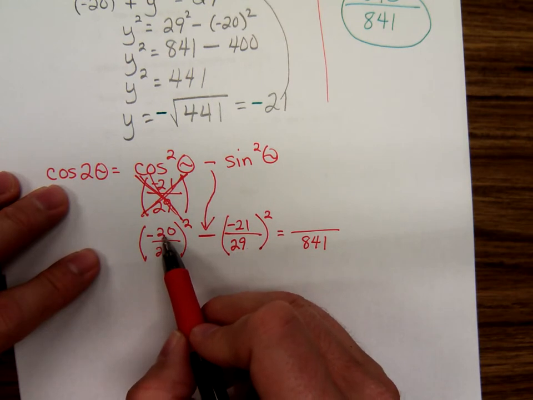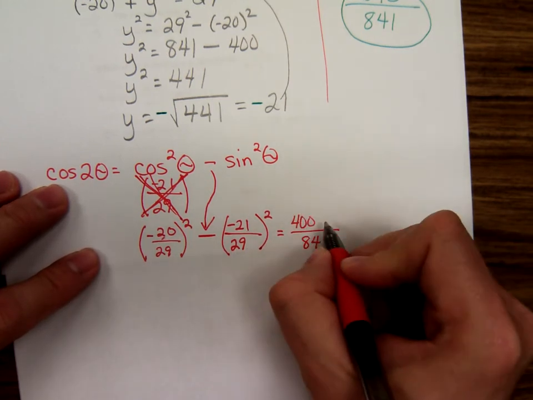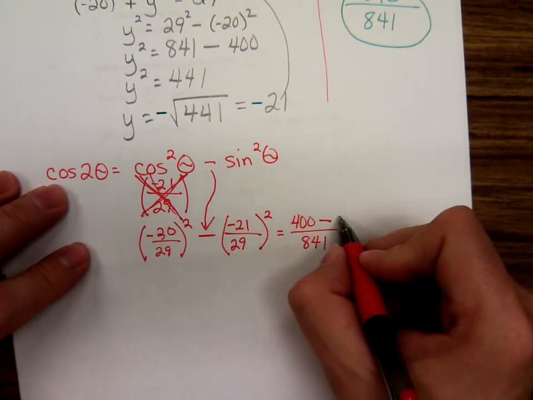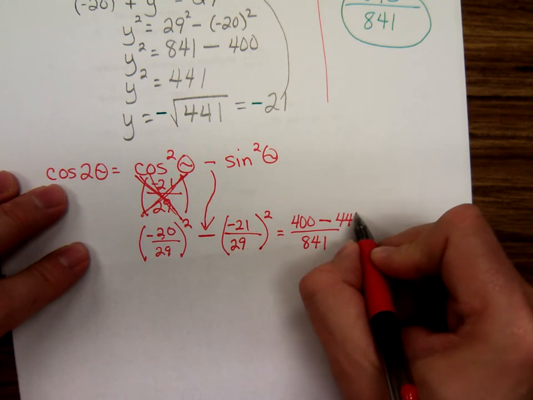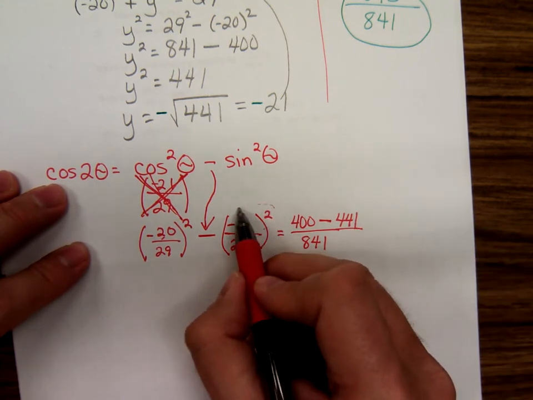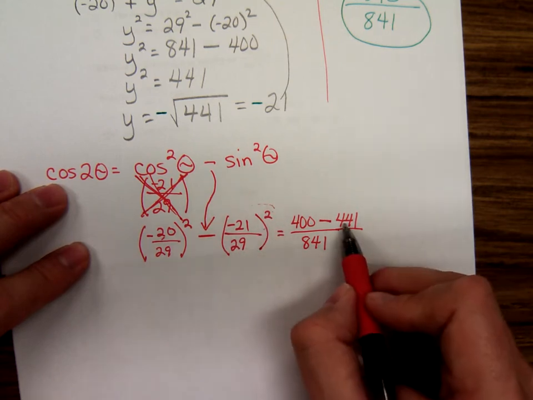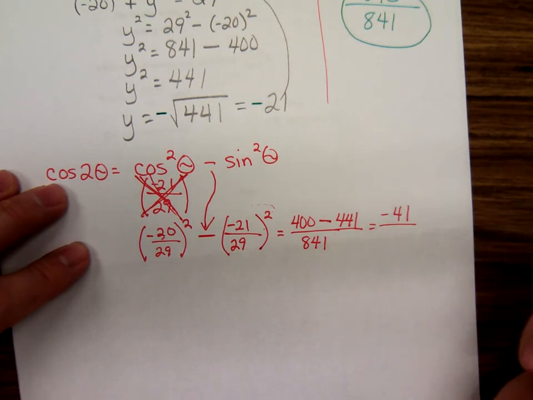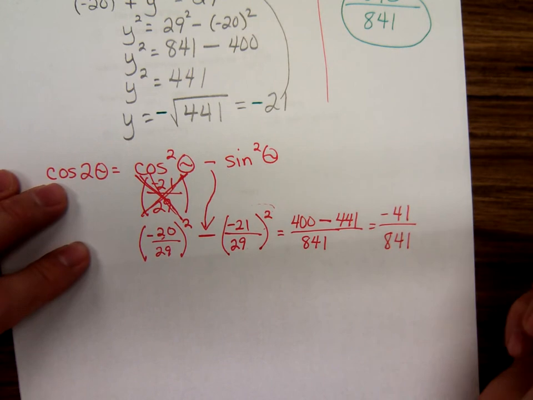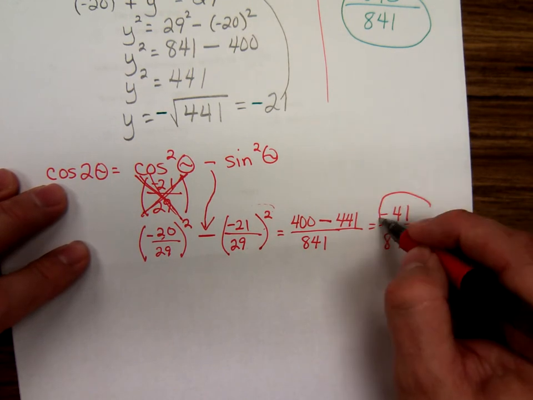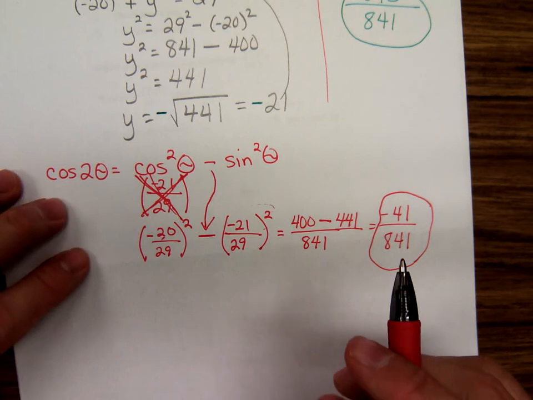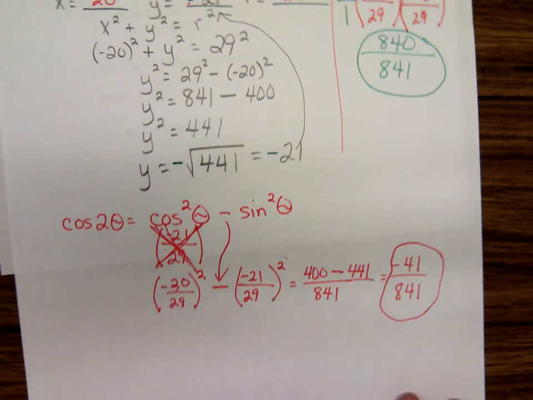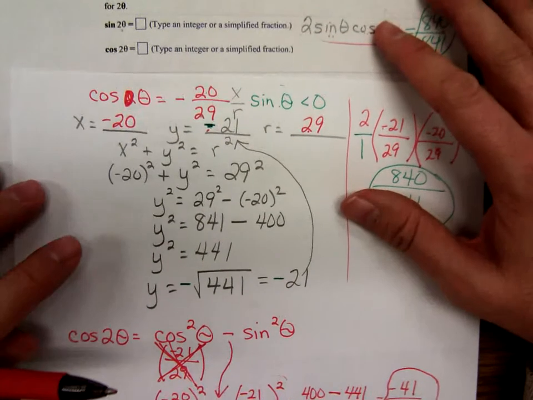Negative 20 times negative 20, that would be 400. Minus, what's negative 21 times negative 21? Is that 441? Let's see what I did. Replace the negative 21 times negative 21 with a 441. So are we getting a negative 41 over 841? Problems 1 and 2 are the messy, lengthy ones on this. Okay.